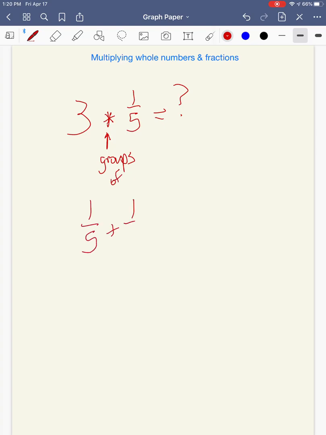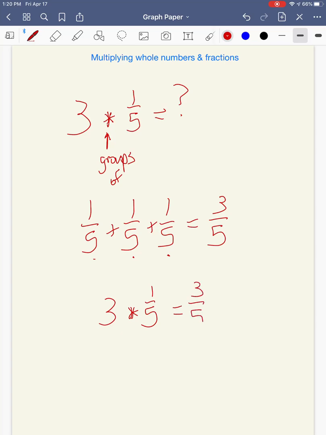So a fifth, and a fifth, and a fifth. Same idea. I know I have the same denominators, so I'm just going to add them together. This becomes 3/5. So 3 times 1/5 is 3/5.